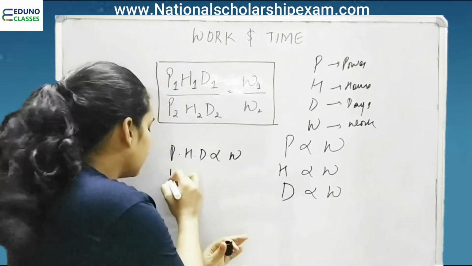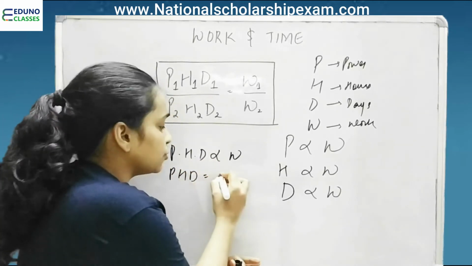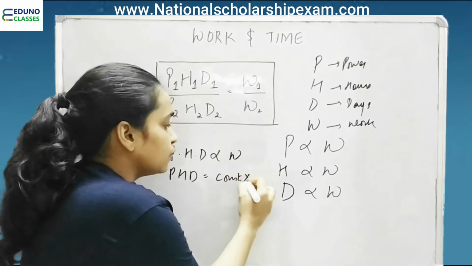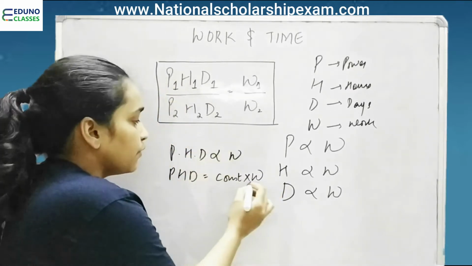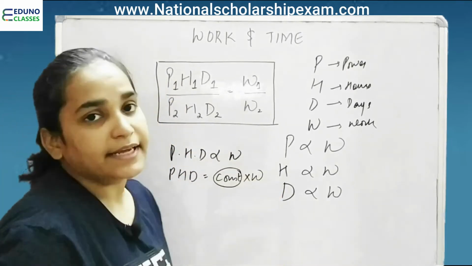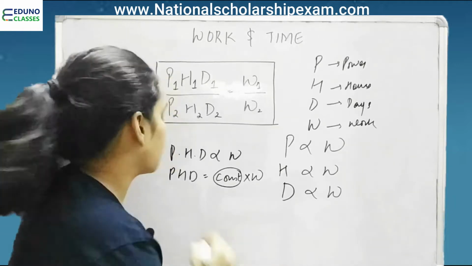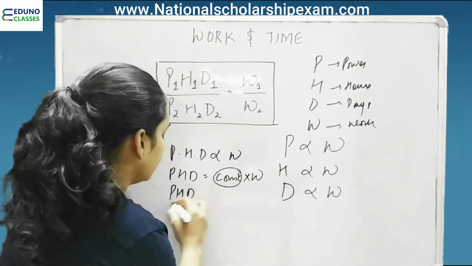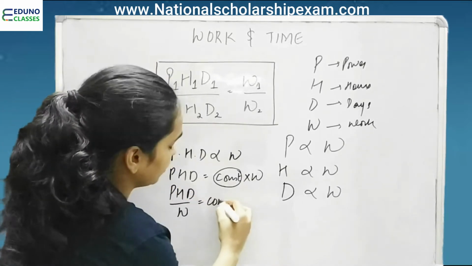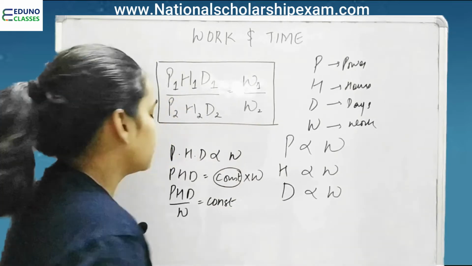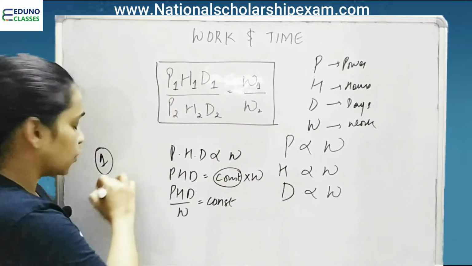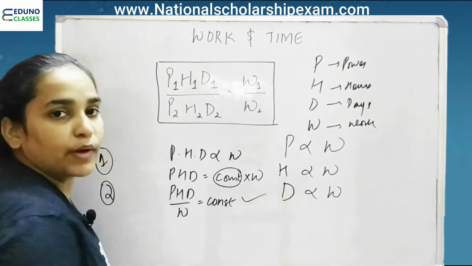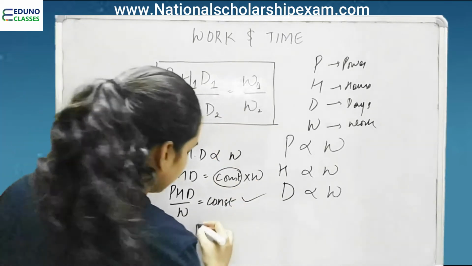Now again, PHD is equal to some constant into work, right? We know the constant will be the same for every kind of such question. PHD by W is equal to some constant. So for some work W1 and for some work W2, can we use this equation to form this equation? Yes.